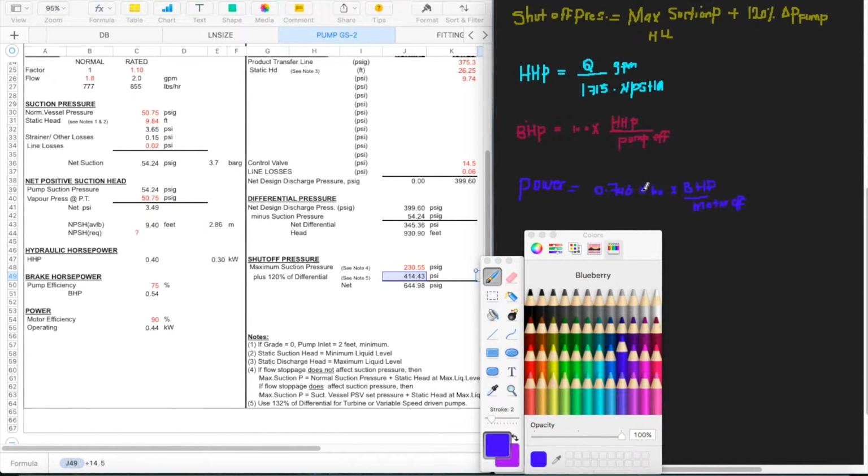So for power, we use both motor efficiency and pump efficiency.